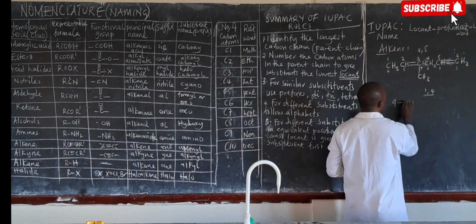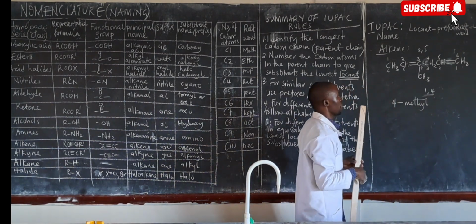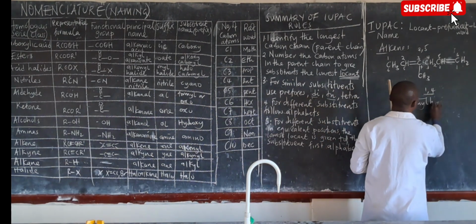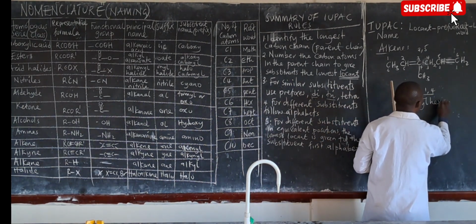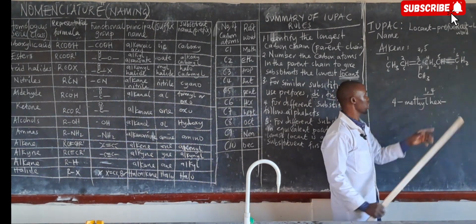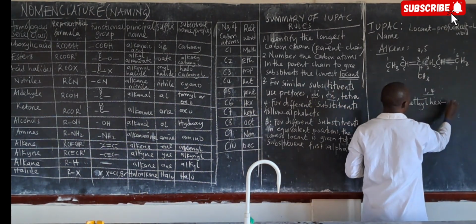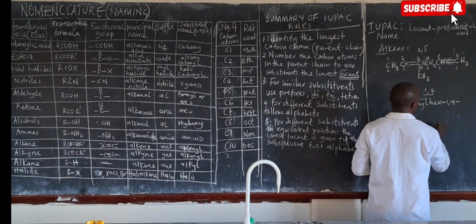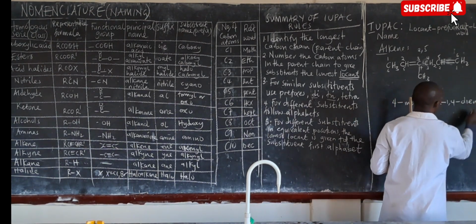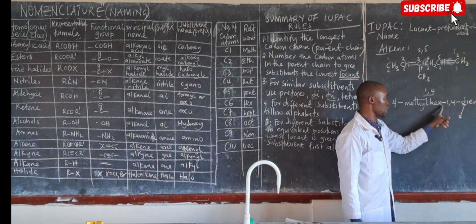So that is 4-methyl, then 6 carbon atoms, that's hexene. But we must introduce a locant here before the suffix. So there are 2 locants at position 1 and 4. So 1,4. Then because there are 2 alkenes, it will be diene. Now this name is not acceptable. This is hard to read at this point.